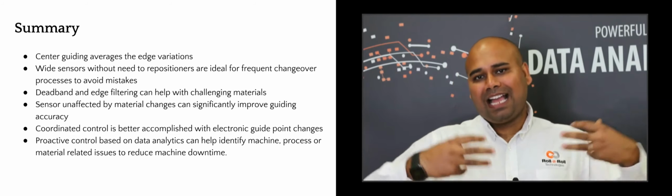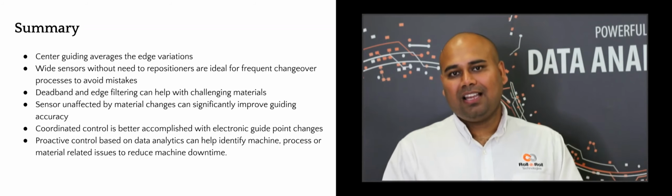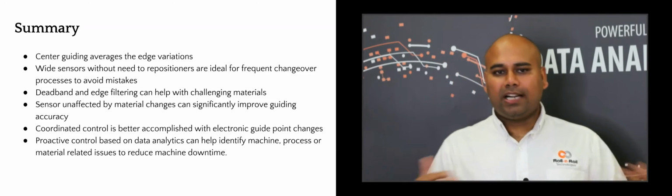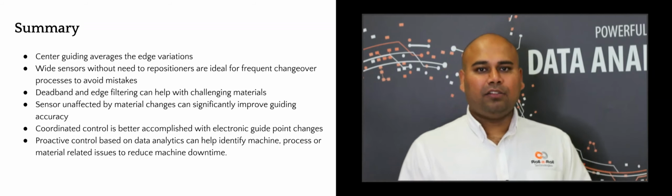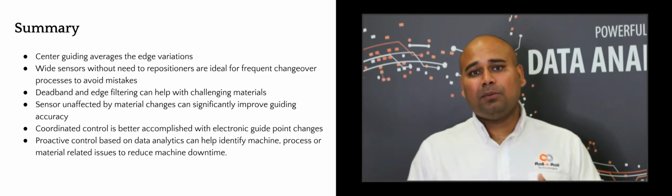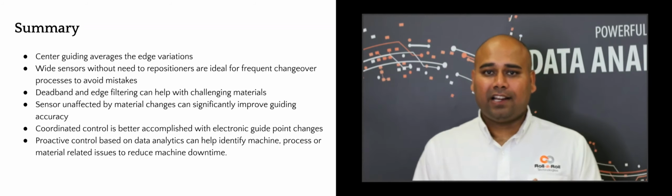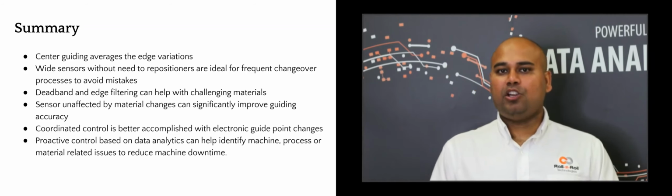But essentially have a sensor that is unaffected by material property variations. That will help you. Coordination can be achieved with electronic guide point adjustment, and then the future is in proactive control. Do not react to the problems, be proactive and figure out what is the underlying cause for it and how that can be fixed in your machine.